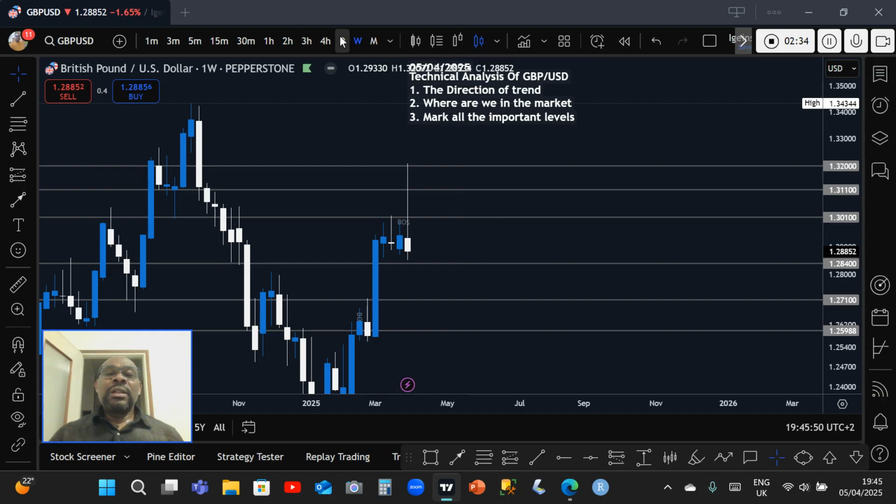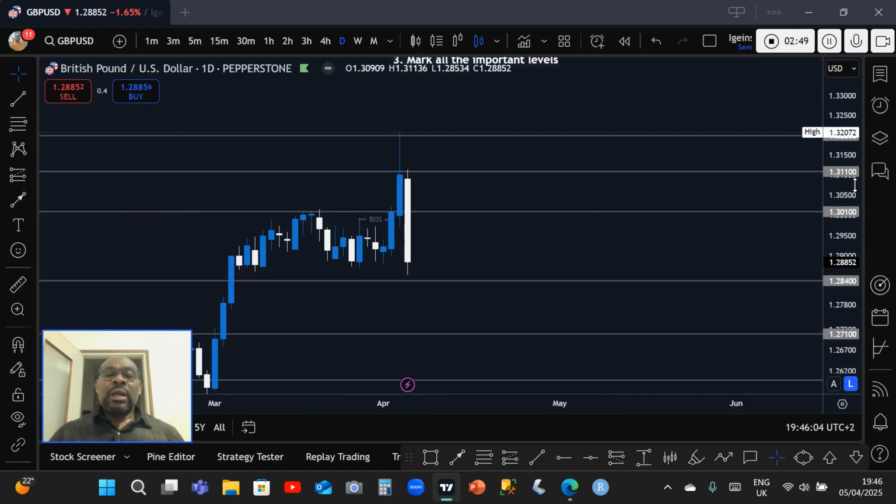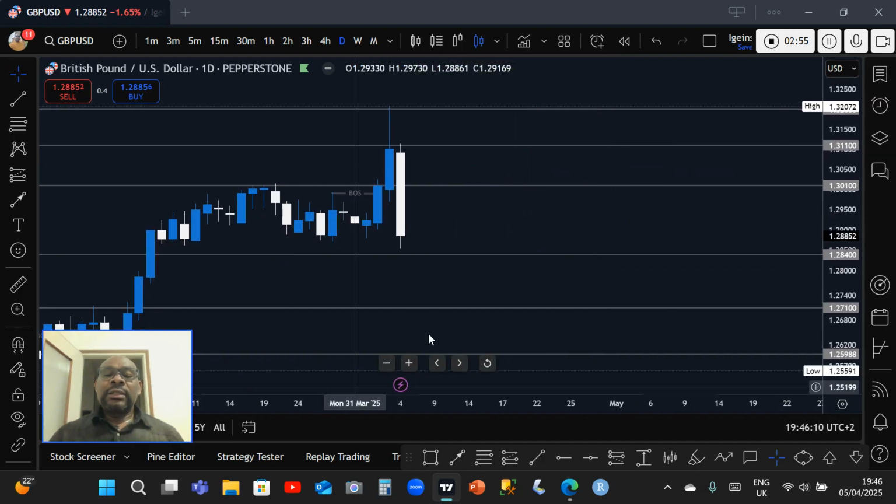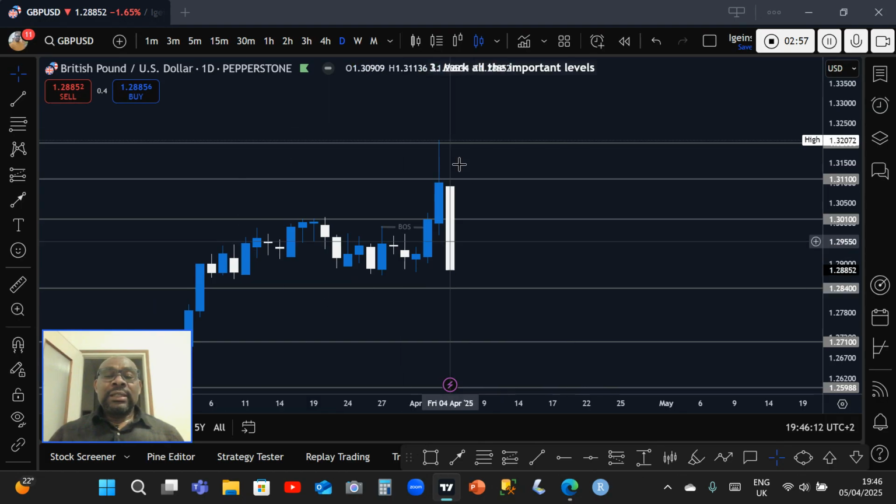So now that we have seen from the weekly point of view that we are still bullish and we are just having a pullback to this same support level, then we scale down to the daily time frame. We can now see the big picture.